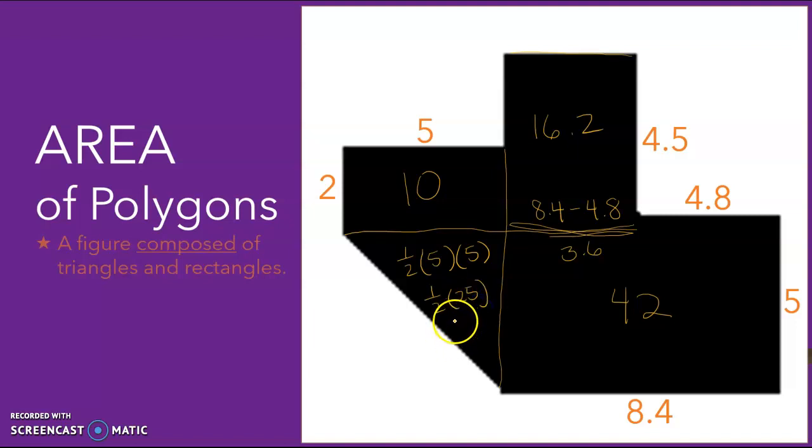Half of 25 is 12.5. So the total area of this figure is 10 plus 12.5 plus 16.2 plus 42, which is 80.7.